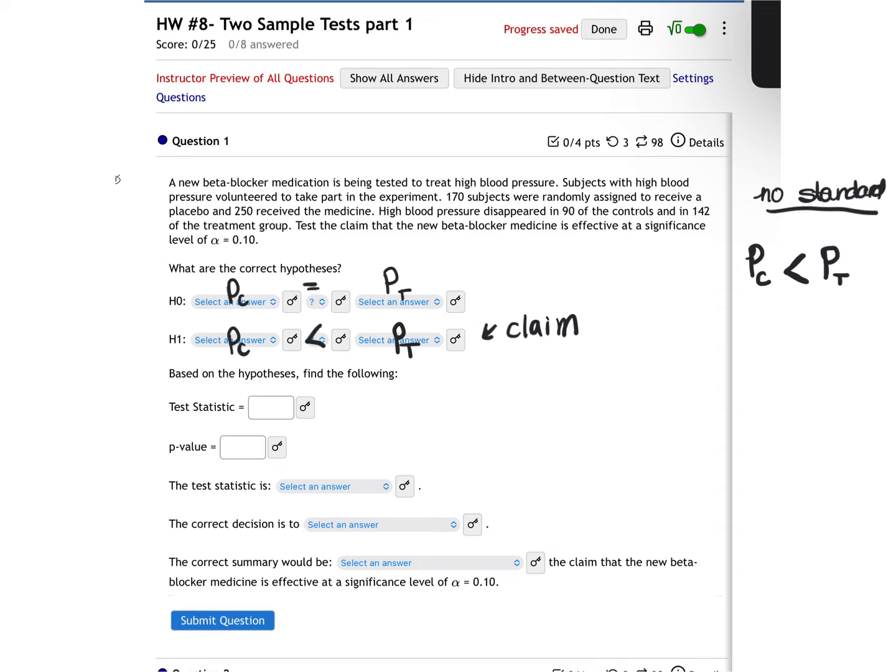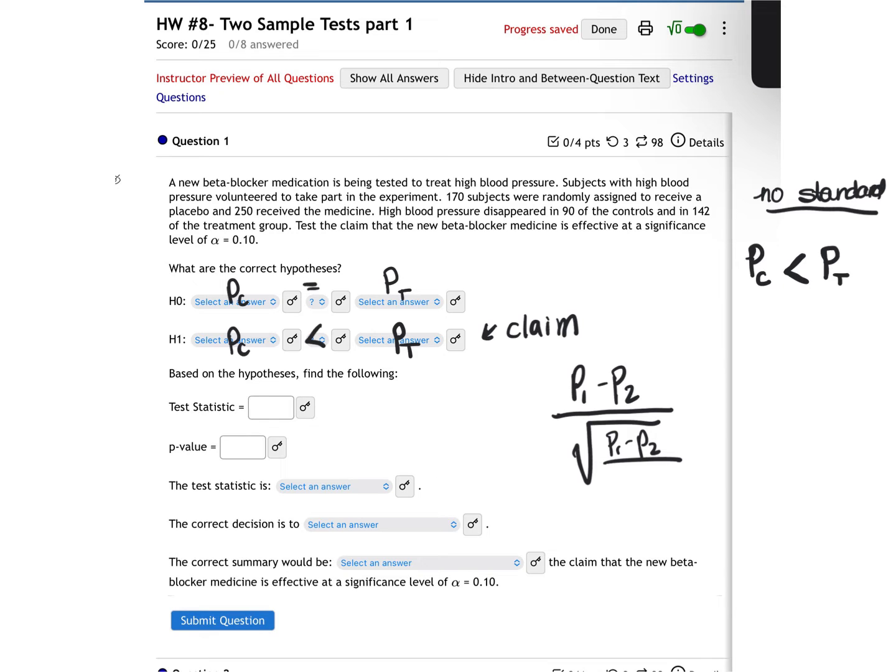So we're going to find our test statistic here, and there's a couple ways we can do this. We can use the formula of P1 minus P2 all over the square root of P1 minus P2 divided by our total sample size.